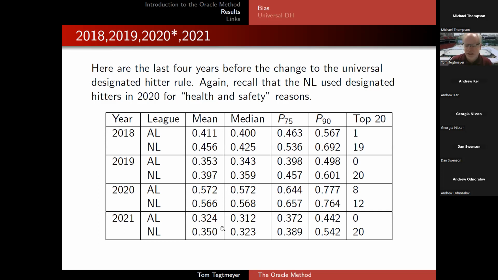Then back to normal in 2021. And again, remember, these numbers are going to vary from year to year, for reasons I can't totally explain, other than noting that there is a gap often between the top pitcher and others.